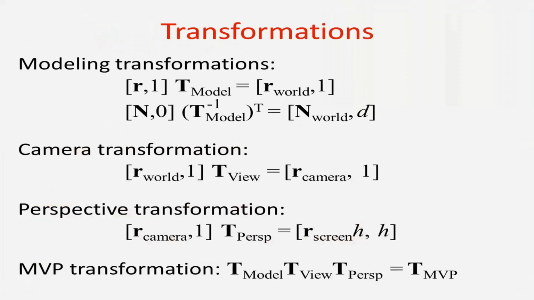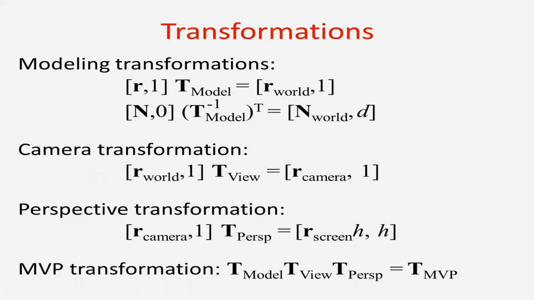Using the modeling transformation, the object is mapped to world coordinates. Recall that the transformation of the shading normals requires the application of the inverse transpose of the 4x4 modeling transformation. Or if the normal is a row vector, we should multiply it with only the inverse. From world coordinates, we go to camera space, where the camera is in the origin and looks at the -z direction.